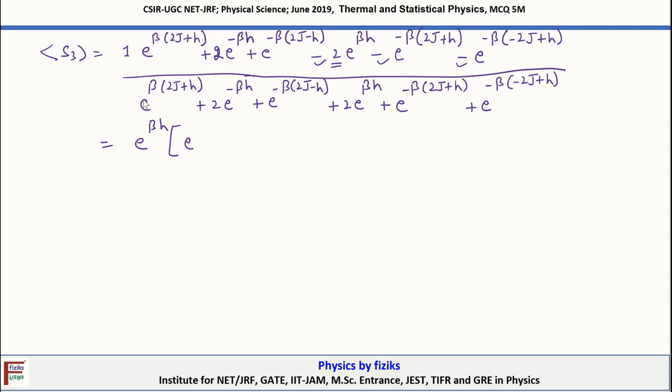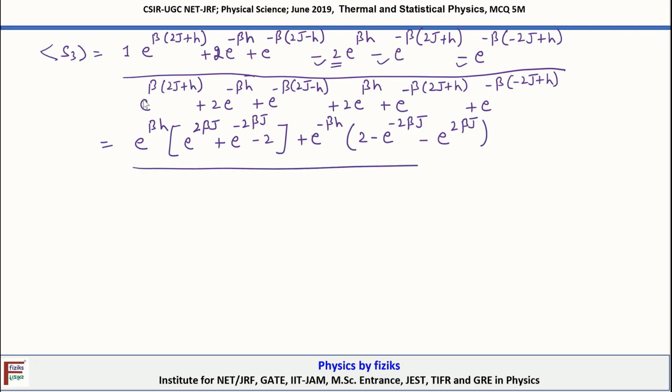So inside we are left with exponential 2 beta J plus exponential minus 2 beta J minus 2 plus exponential minus beta H, and then 2 minus exponential minus 2 beta J minus exponential 2 beta J.